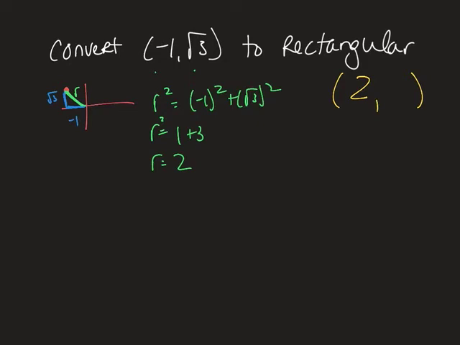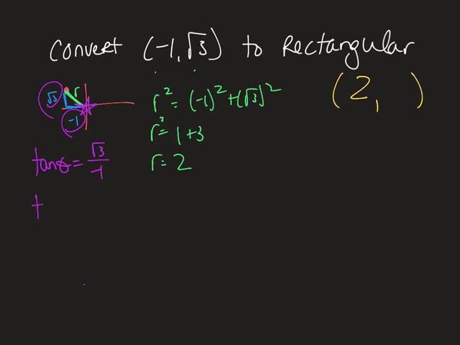Now, when you do this, we're going to use tangent, okay? So we're going to sit here, and there are ways to do this other than what I'm going to show you. The next example I'm going to do kind of touches on those, but this always works, okay? So when you're doing this, you're going to do opposite over adjacent, right? So tangent of theta equals opposite over adjacent, right?